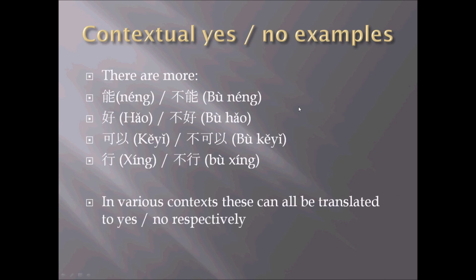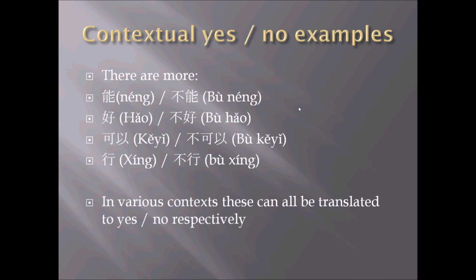So this discussion could go on and I could give many more examples. For example, 能不能, 好不好, 可不可以, and 行不行. So in various contexts, you could ask a question. I don't know if your Chinese level is good enough, but for example, 你能来我家吗? 不能还是能?